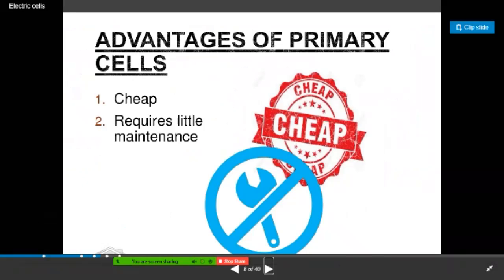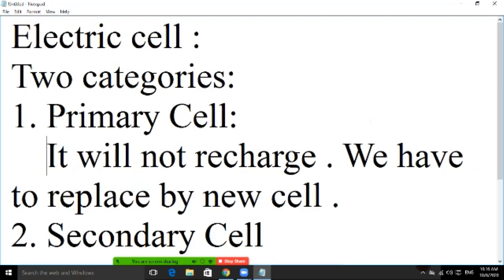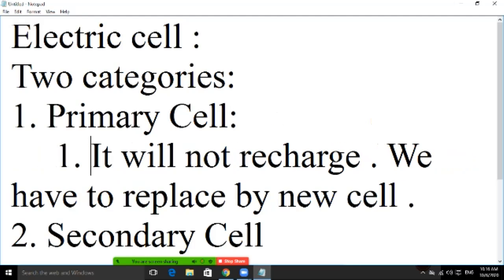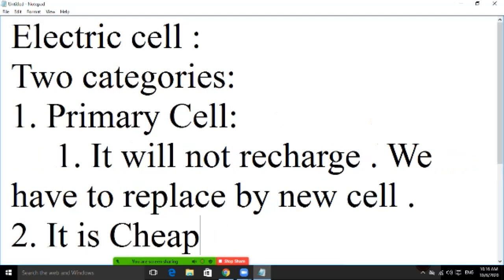And why are we using it like that? Because, students, the second reason for this primary cell is that it is cheap, meaning low cost.